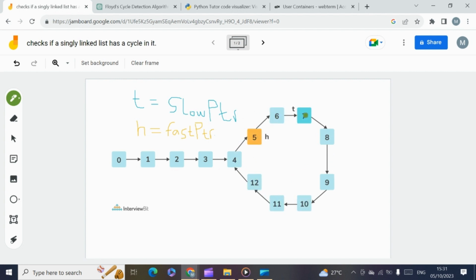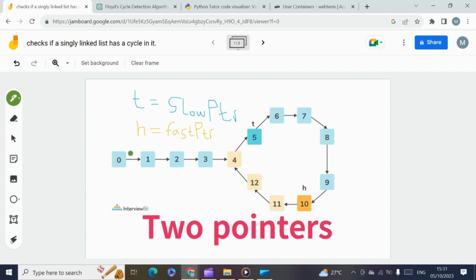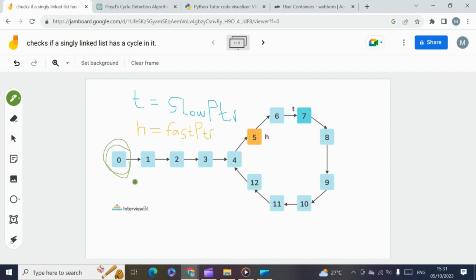Then T at 7, 8, and they will eventually meet at 9. So this is what the algorithm is trying to explain, that you should first have two nodes, each pointing at the very first element, and then one advances ahead of the other.